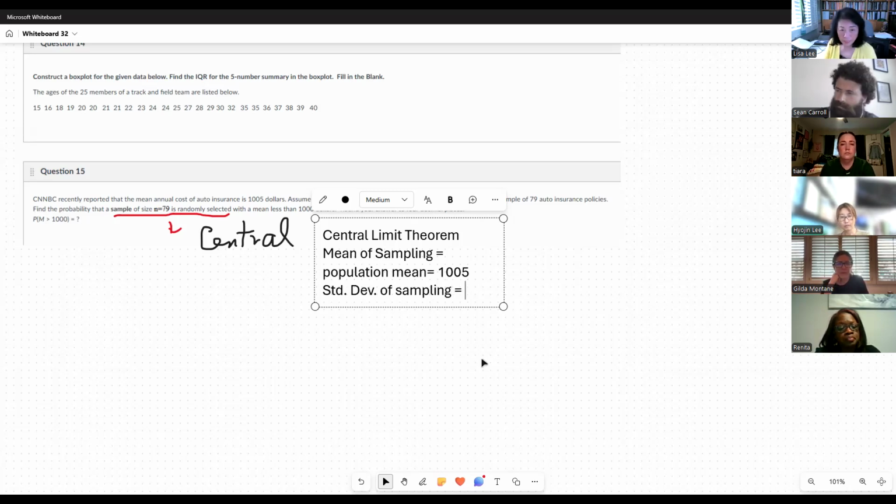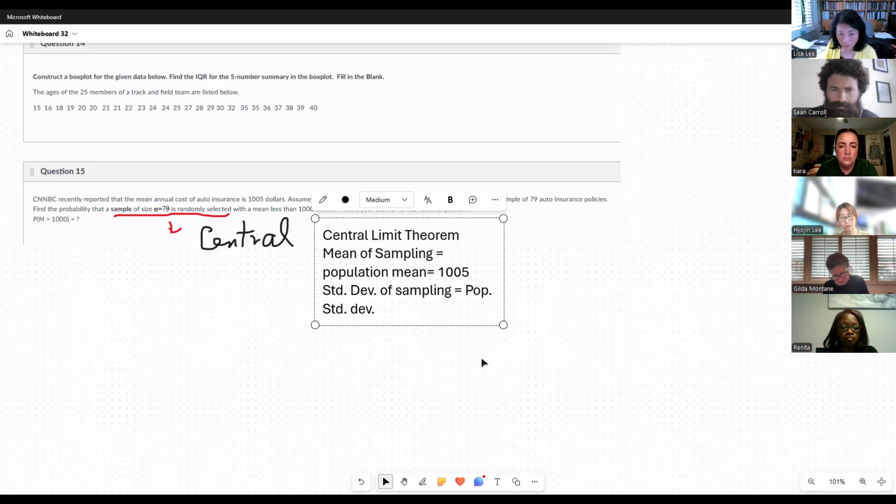It's not exactly equal to the population standard deviation. So what we do is divide it by the square root of the sample size to make the adjustment. So we can use the population standard deviation.